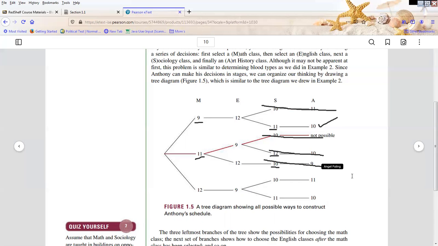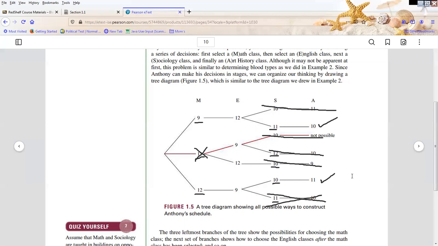So actually nothing in that math at 11 group works. And if we try to take math at 12, the social at 10 is fine, but the social at 11 is not fine because we don't want back-to-back hours.